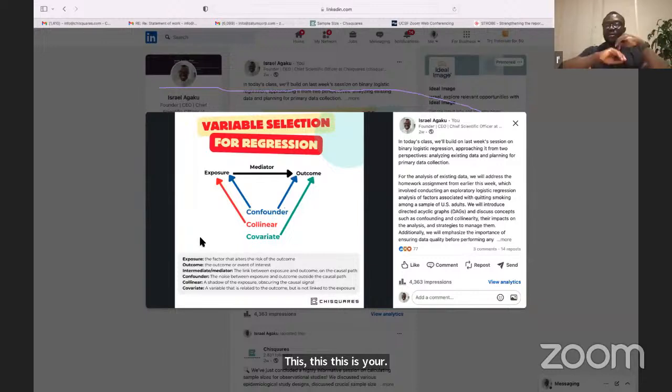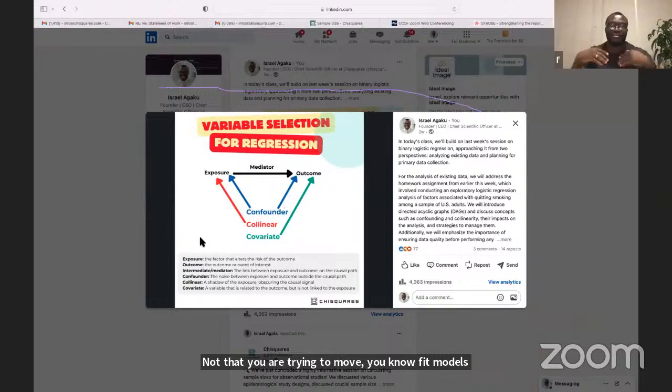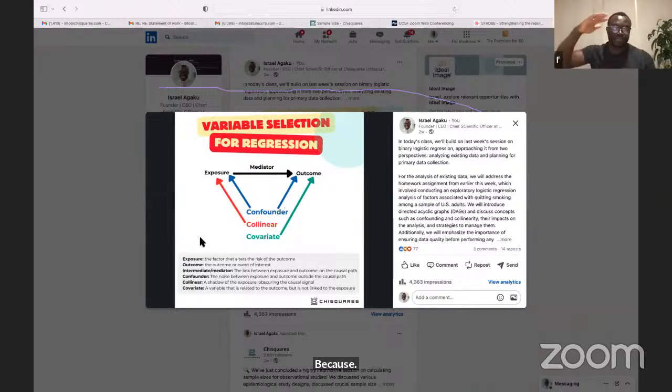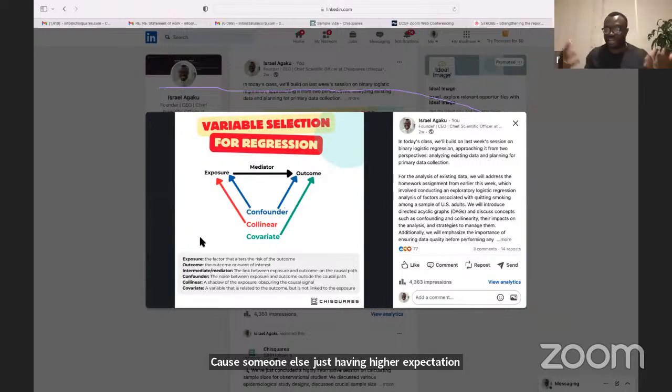Now, for books, I would suggest you read books on causal inferences. Not that you are trying to fit causal models, but because causal models just have a higher expectation, a higher threshold for validity.